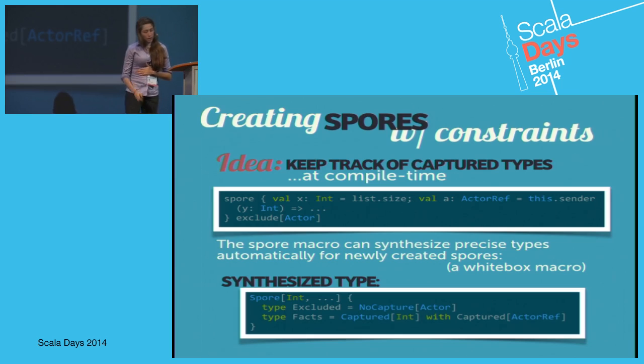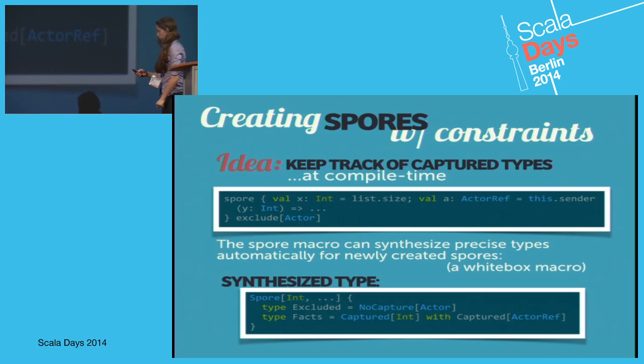Actually, we changed the name of this recently from exclude to without. But you can basically say, I don't want an actor in my spore. So if a user composes this function with another function and accidentally captures an actor in their function, then statically this gets rejected.